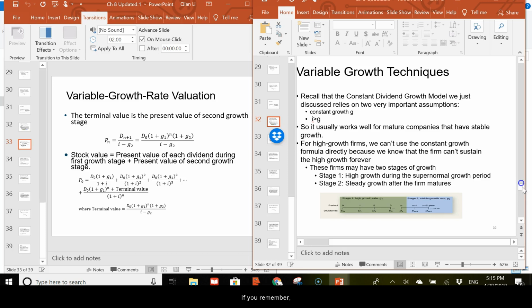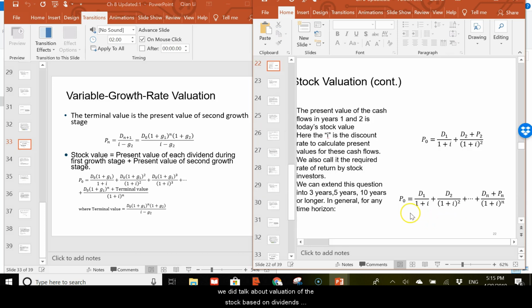Now, if you remember, we did talk about valuation of the stock based on dividends and the final sale price, right? So in this case, your Pn is the terminal value, and how much do you want to pay for the stock again depends on all the dividends you can receive in stage 1 plus the terminal value, which is the price you can sell the stock for at the end of stage 1. So now if you look at this equation, you realize they're the same thing.